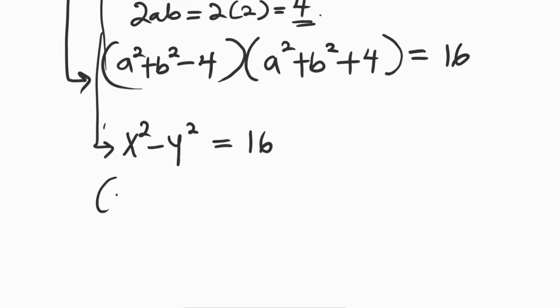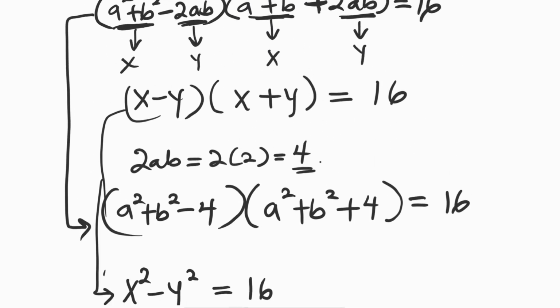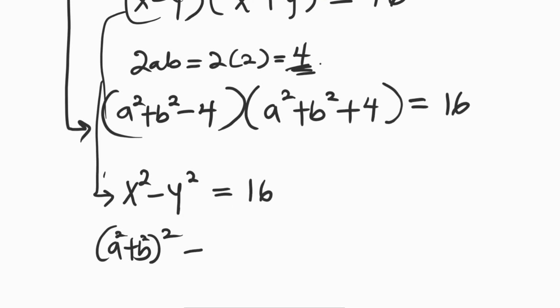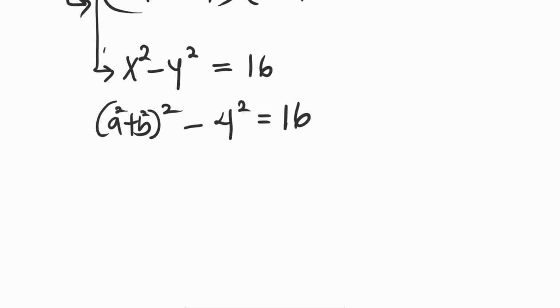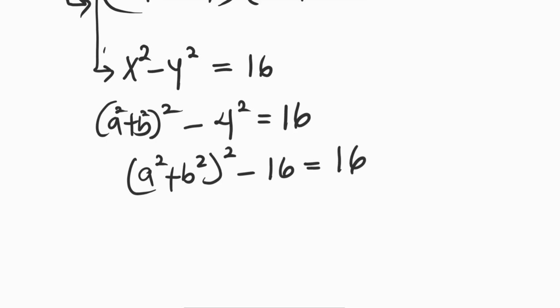So this is now a squared plus b squared all squared minus our y, which is 2ab, which is 4, and that's 4 squared, 16. So now we have a squared plus b squared all squared minus 16 equals 16.